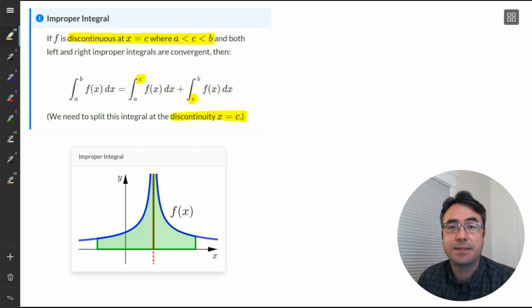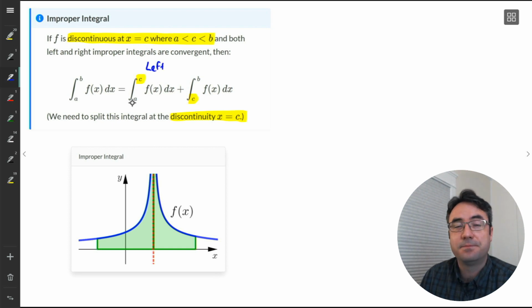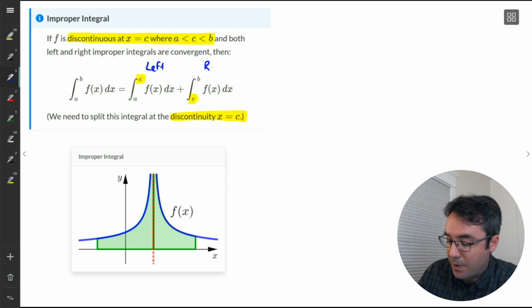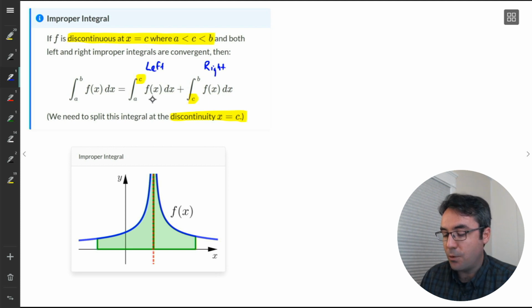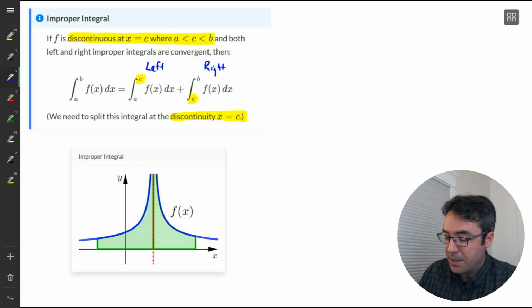This is going to be our left improper integral. This is going to be our right improper integral. And in order for this definition to make sense, both of these, the left and the right improper integrals, have to be convergent. So we also use that similar wording, convergent.